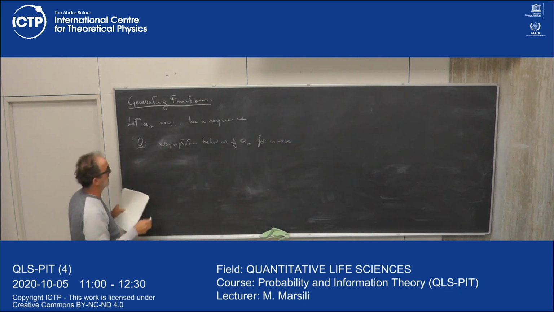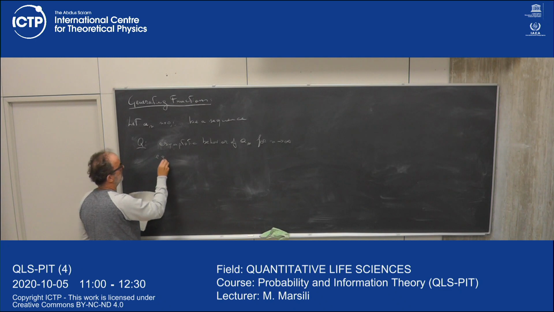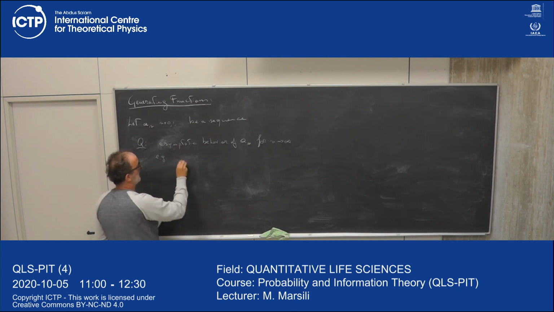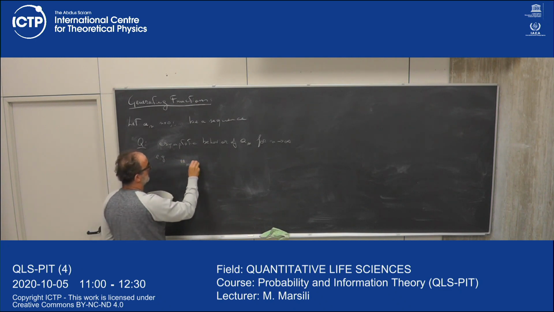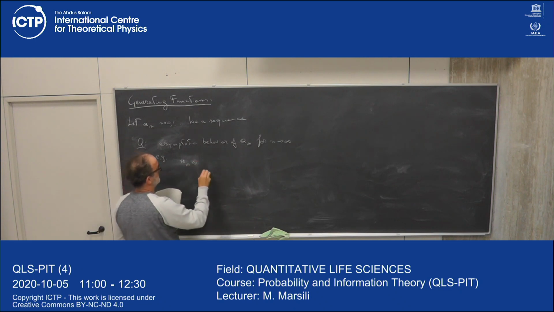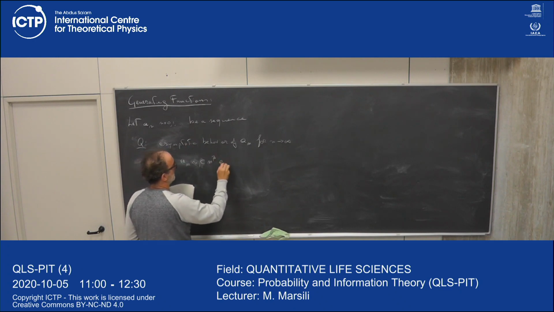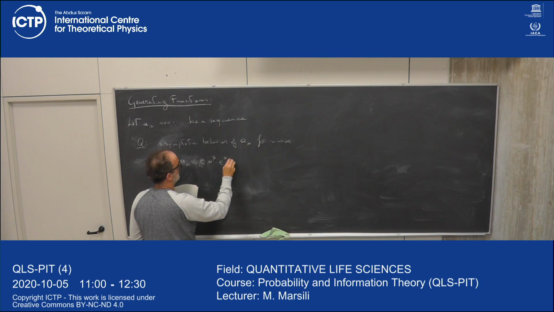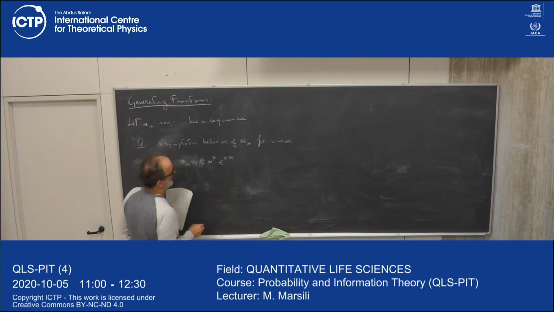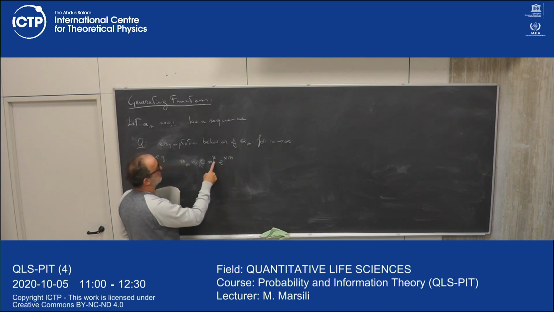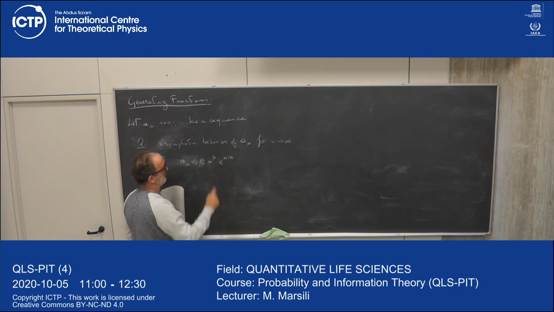For example, if a_n behaves as a constant times n to the beta times e to the alpha times n, we want to compute what is beta and what is alpha.